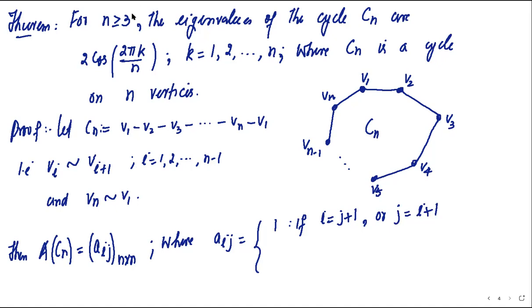We have the vertex Vi adjacent with the vertex Vj when we have defined the cycle in this way.